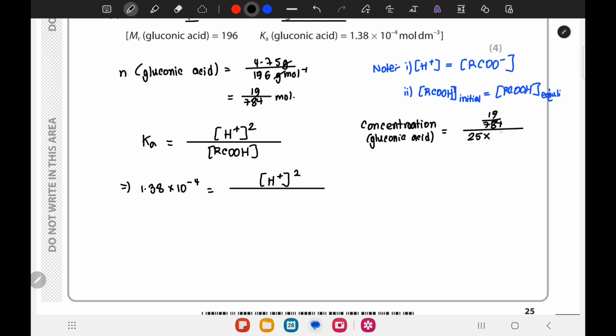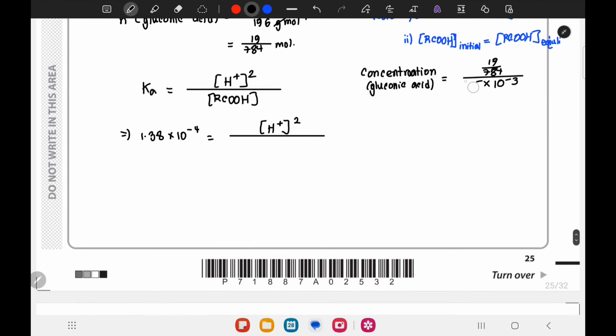Since I want to find it in mole per dm cube, I'll convert the 250 cm cube into dm cube. So I have 250 into 10 to the power minus 3 as the volume. The concentration comes out to 19 by 196 mole per dm cube exactly.